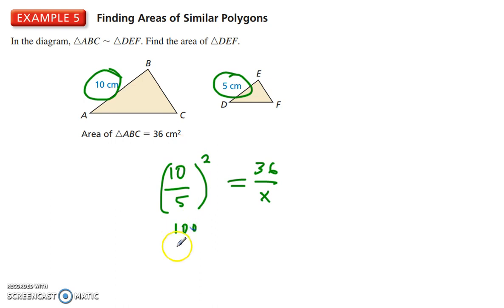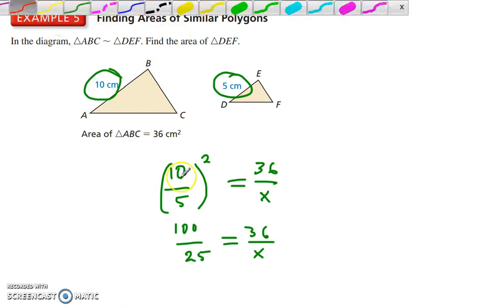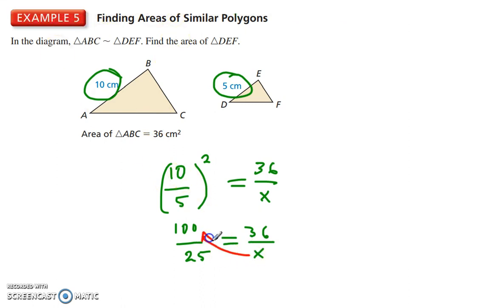So I have 100 there, and 5 squared is 25, is equal to 36 over x. I'm going to have to flip this around. This goes up here, this goes up here, and the 100 is going to come down here. But I'm not going to do that in one step for you because I'll confuse you. So here we go. 100x is 36 times 25.